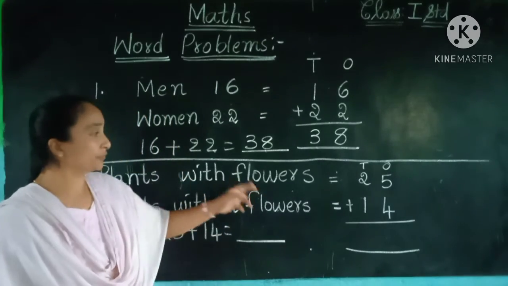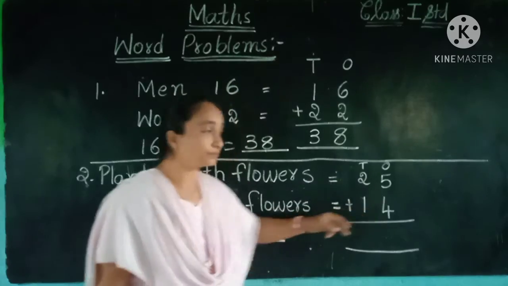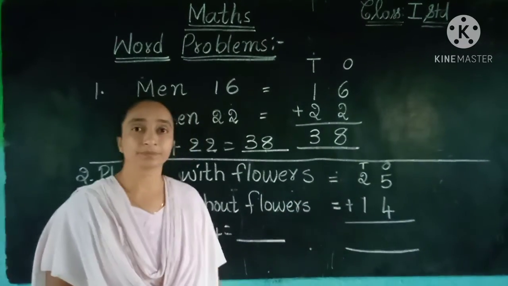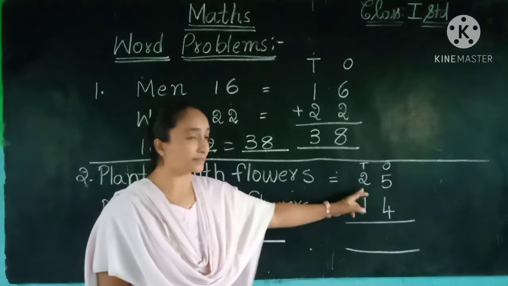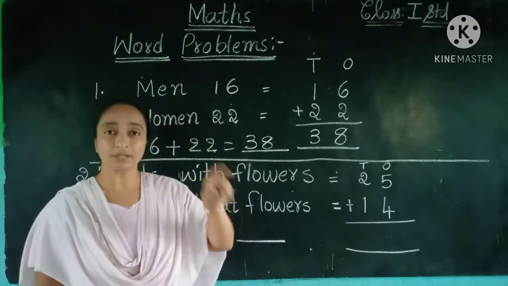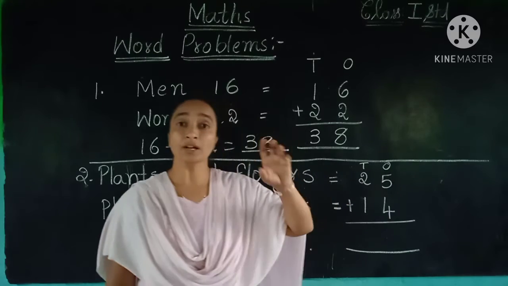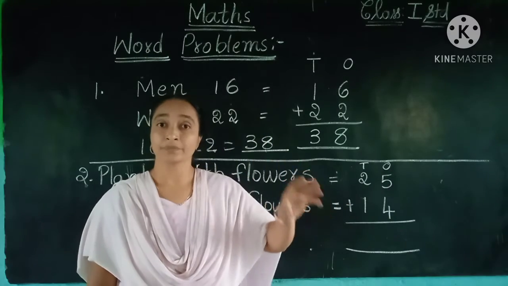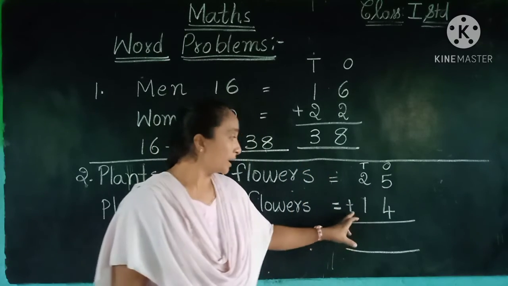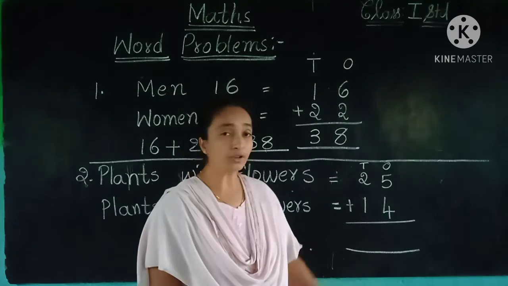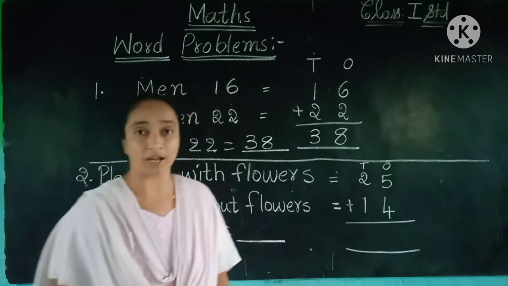So plants with flowers are 25. The plants without flowers are 14. So children, here you can write the calculation like this, tens place and ones place. 2 tens and 5 ones, 25 plants they are having with flowers. And here the 14, 1 ten and 4 ones. So 14 plants are without flowers.